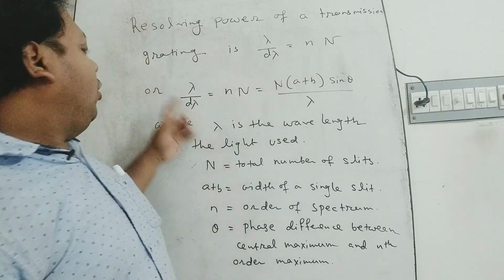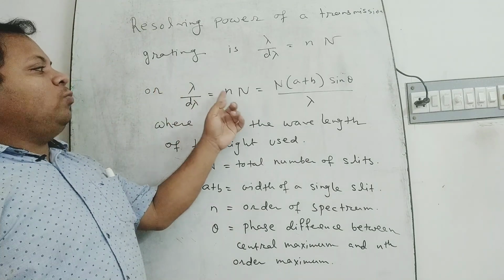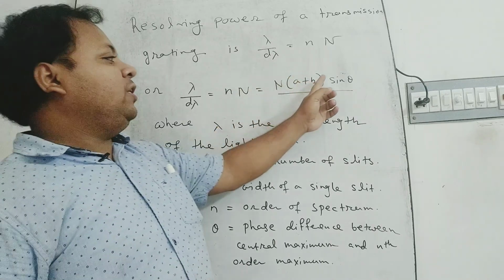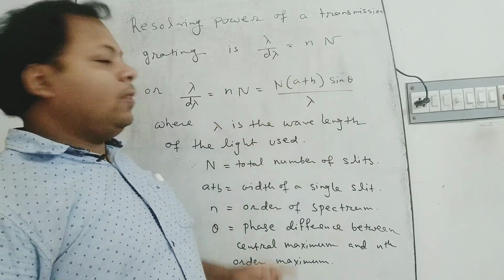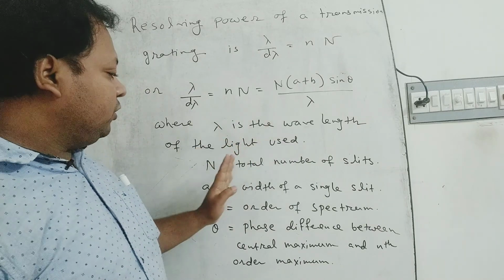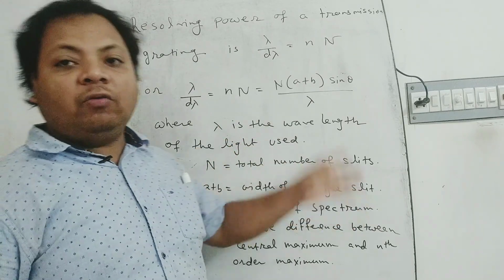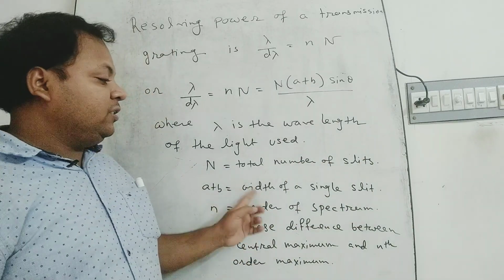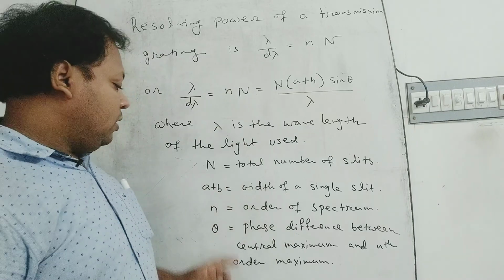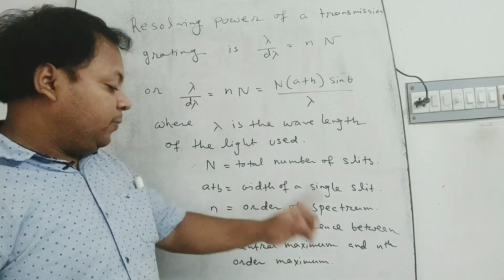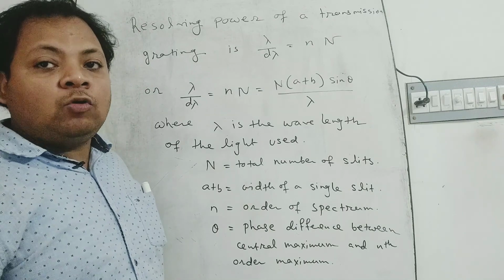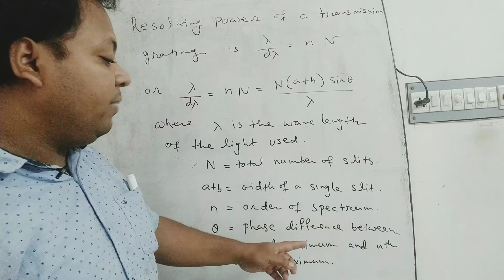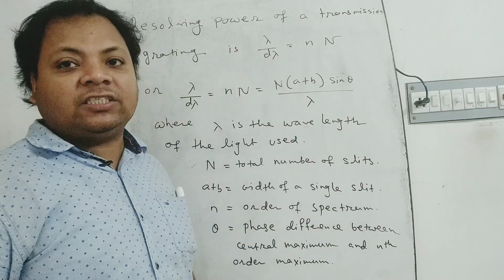This is equal to small n into capital N, or lambda by d lambda is equal to small n into capital N, which is equal to capital N (A plus B) sine theta by lambda, where lambda is the wavelength of the light used, capital N is the total number of slits, A plus B is the width of a single slit, and small n is the order of spectrum which we are to observe. Theta is the angle of diffraction between the central maximum and the nth order maximum.